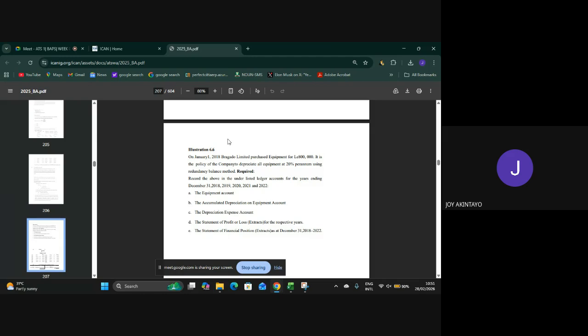What's the reducing balance method? You know we've talked about this. That is our reducing balance method. You apply the 20% on your carrying amount. Are we together?